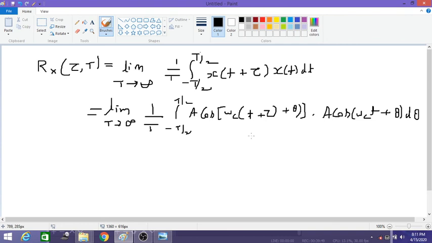So here we are going to apply the formula of again the cos A into cos B formula, and then we will get a final term here.